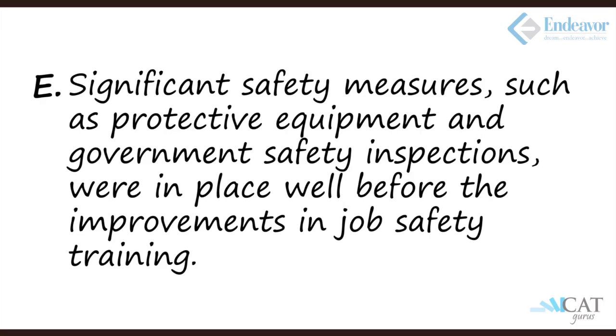Option D is out. Option E, significant safety measures such as protective equipment and government safety inspections were in place well before the improvements in job safety training. We still don't know why the number of trainings increased and the accidents increased, and this option is not helping us. We'll fall back to the one that we had parked, which is option B, the right answer here.